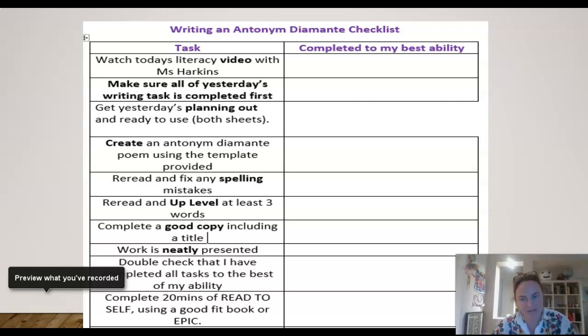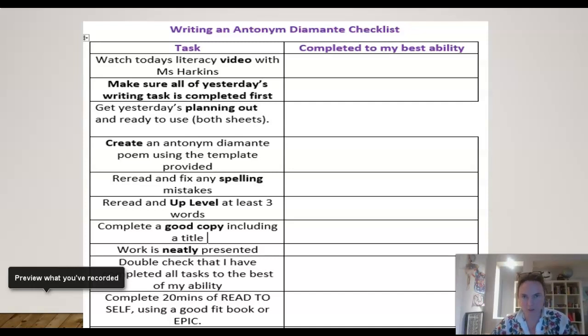Double check that I have completed all tasks to the best of my ability. Have you done everything today to the best of your ability? A few people in my class yesterday, when I asked them to describe themselves, said they were lazy. We do not want lazy people today. We want people who are energetic and working to the best of their ability.